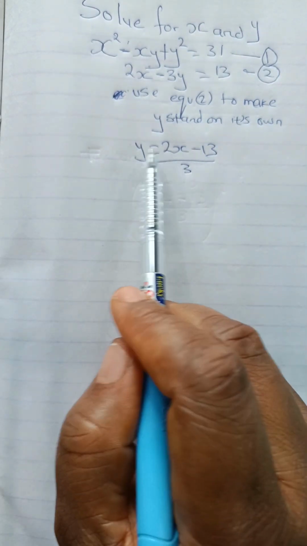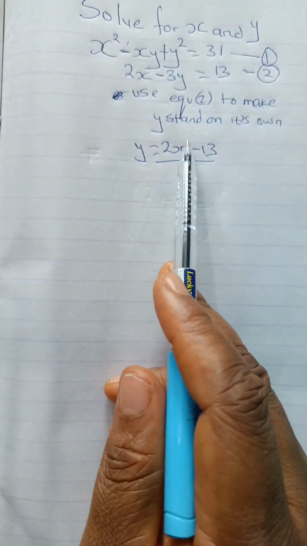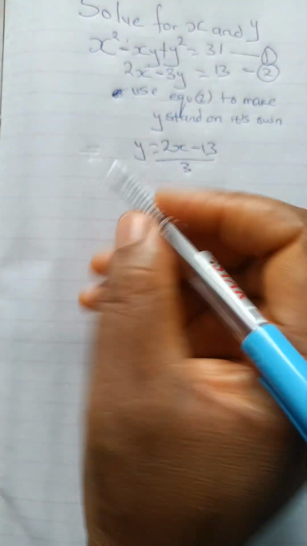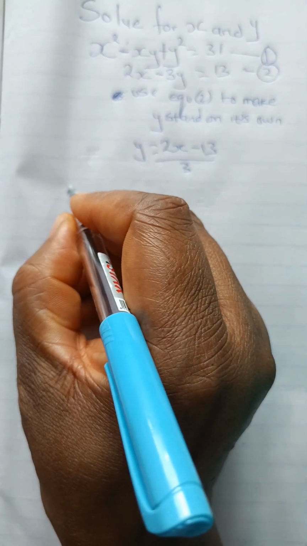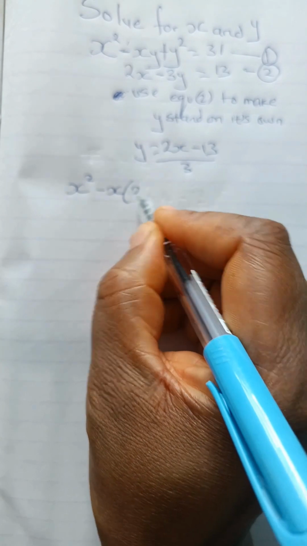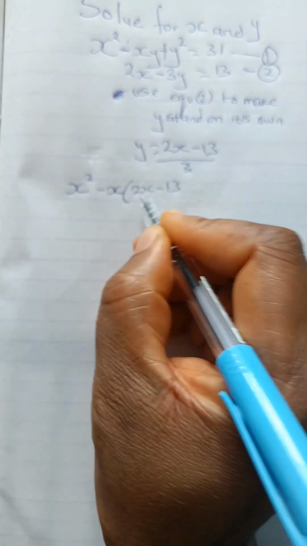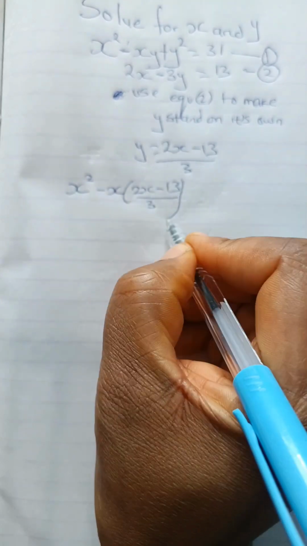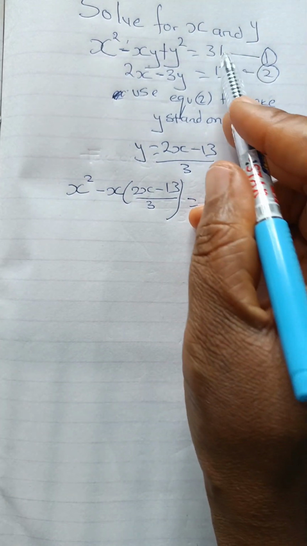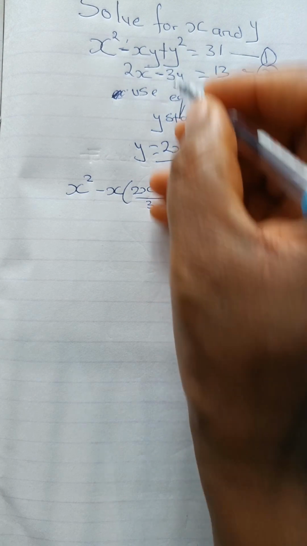So wherever we see y, we impute this number. We use equation 1 and impute this wherever y is. So x squared minus x times y, where y is now 2x minus 13 over 3, is equal to, don't forget, it's not equal yet.